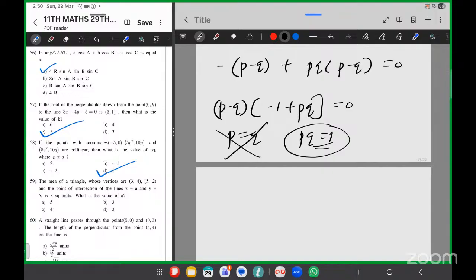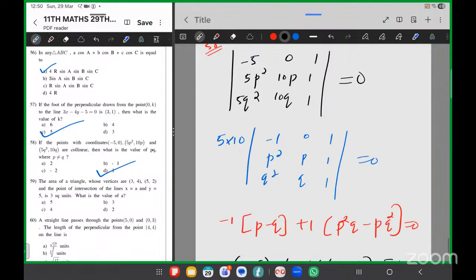Minus 5, 5 p, x1, x2, x3, y1, y2, y3, 1, 1, 1. 5p square, 5q square, 0, 10p, 10q, 1, 1, 1.